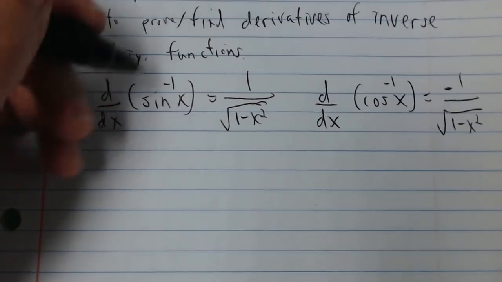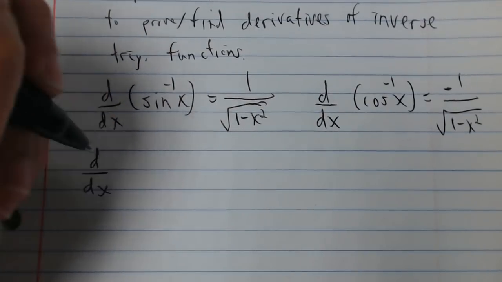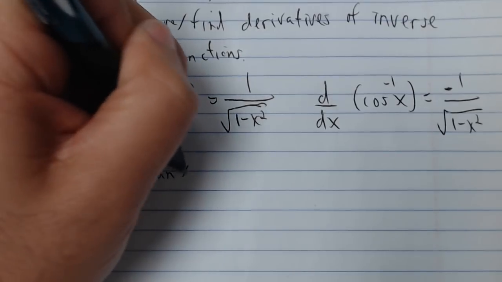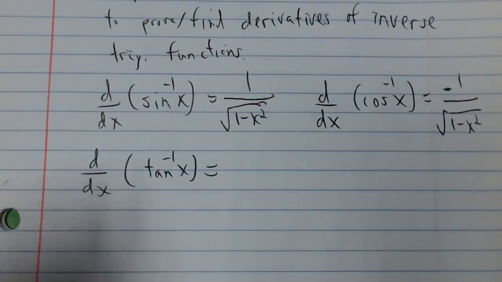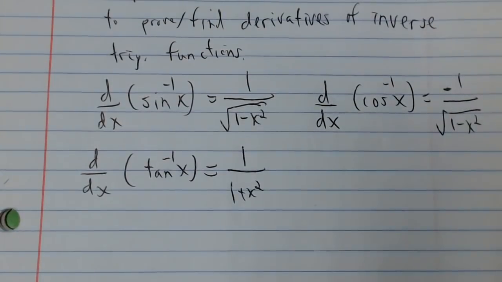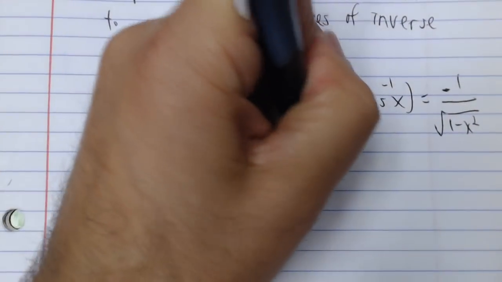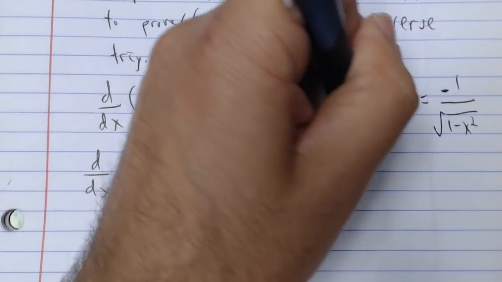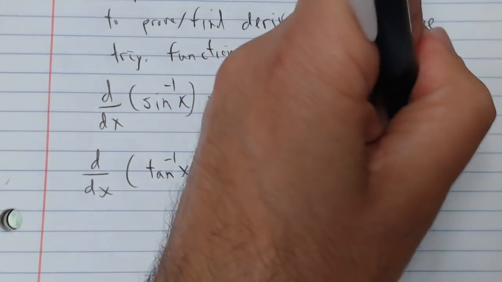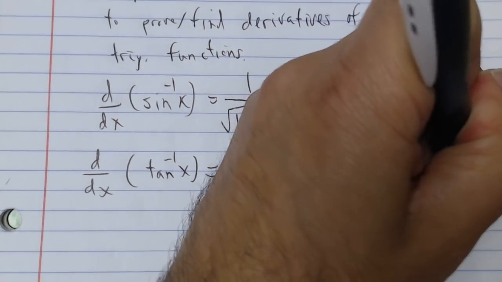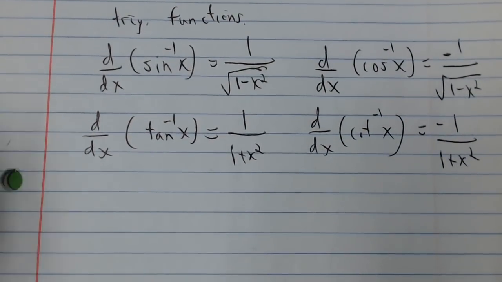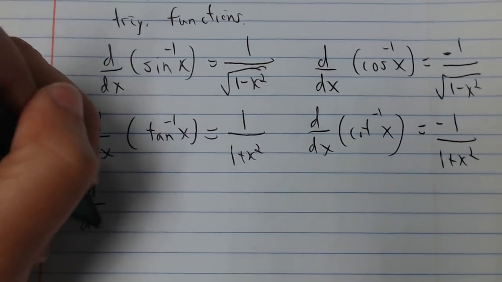Okay, and then we have the derivative with respect to x of tangent inverse of x, which becomes 1 over 1 plus x squared. And then the derivative with respect to x of cotangent inverse of x is identical to tangent inverse, except it's negative 1 over 1 plus x squared. Then the other two inverse trig derivatives are cosecant and secant.